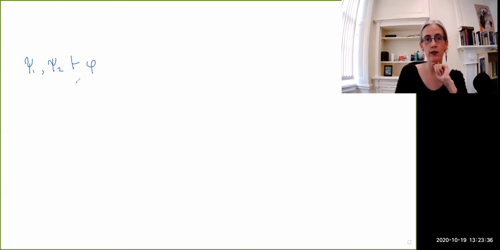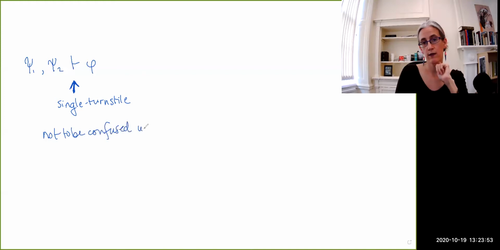Now, it's important to notice this little symbol here. This is what's called the single turnstile, and this is not to be confused with a very similar symbol that we've seen in previous videos, namely the double turnstile. So the double turnstile is a semantic notion.